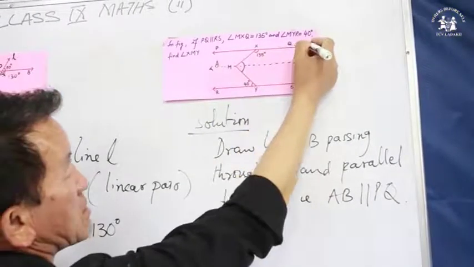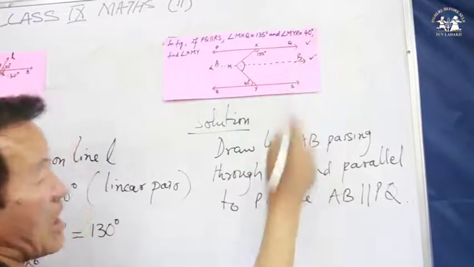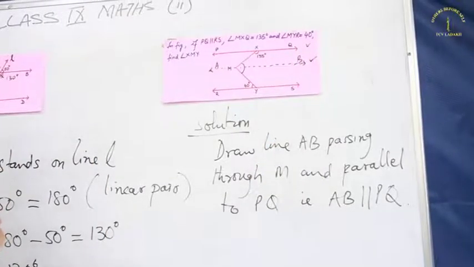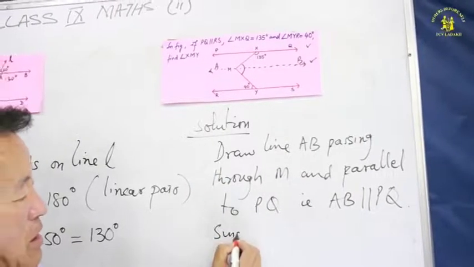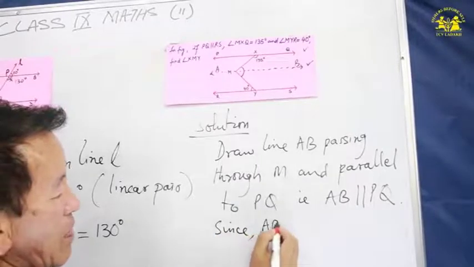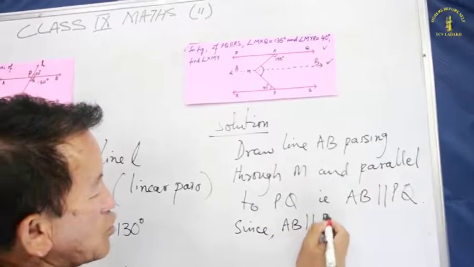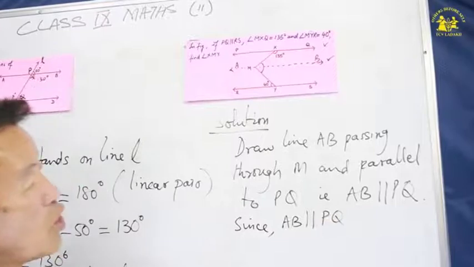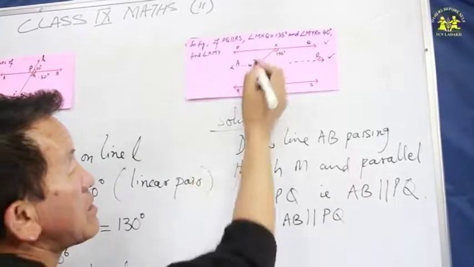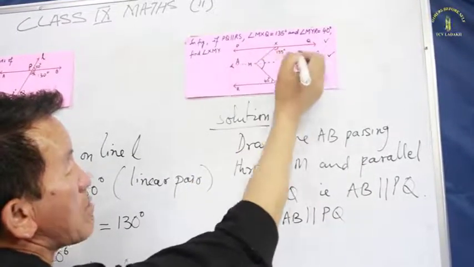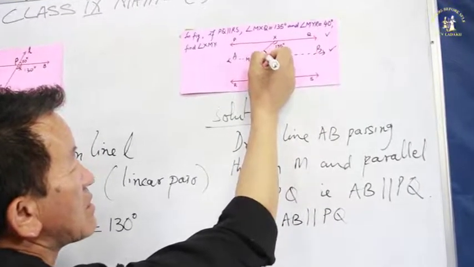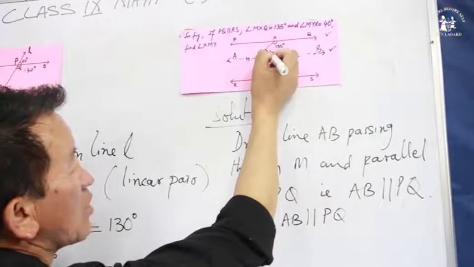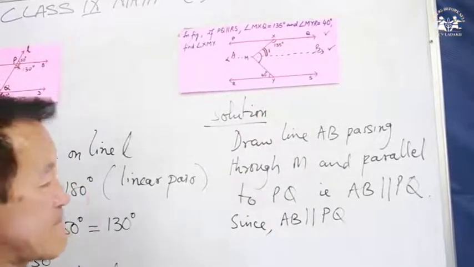These two lines are parallel, and since AB is parallel to PQ, let's call this angle XMB angle 1.